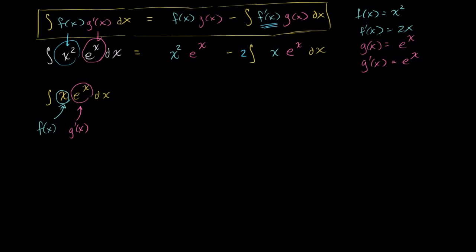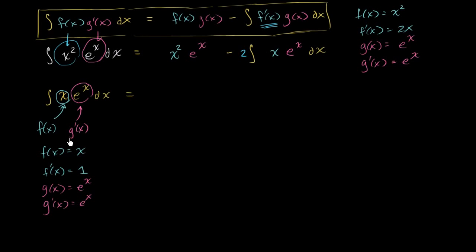And so in this case, let me write it all down. F of x is equal to x. F prime of x is equal to 1. G prime of x is equal to e to the x. G of x, just the antiderivative of this, is equal to e to the x. So let's apply integration by parts again. So this is going to be equal to f of x times g of x.